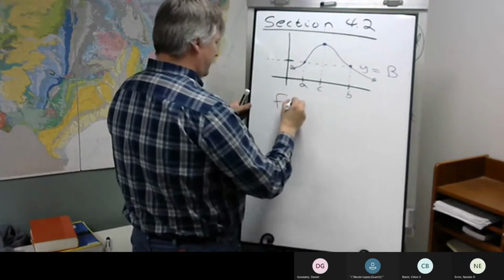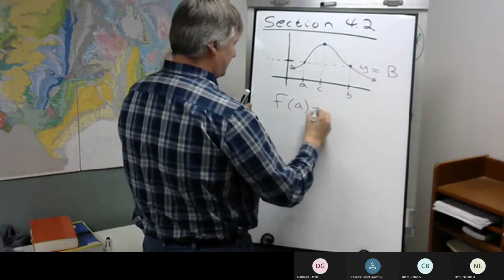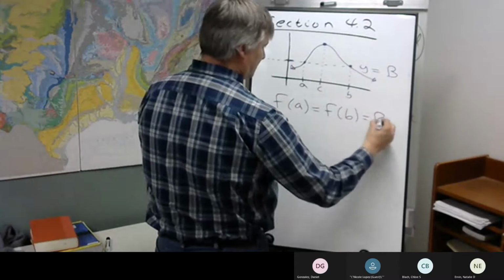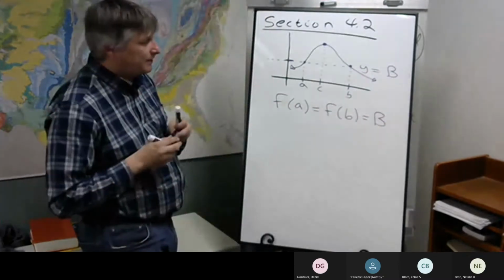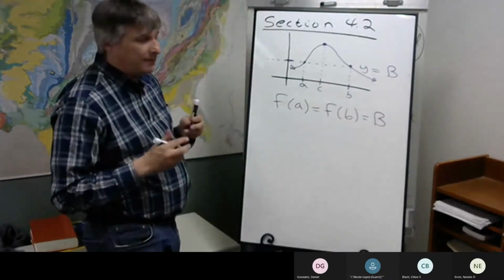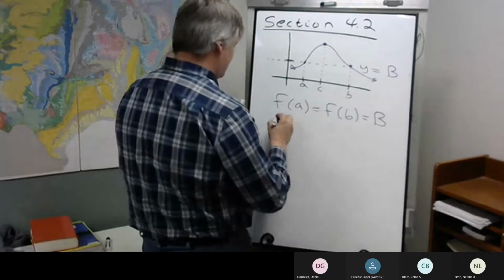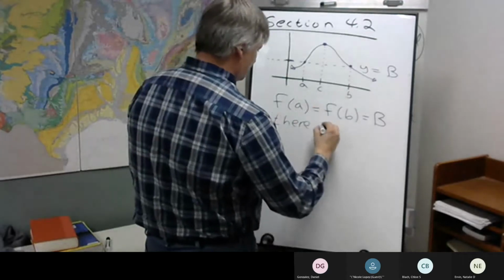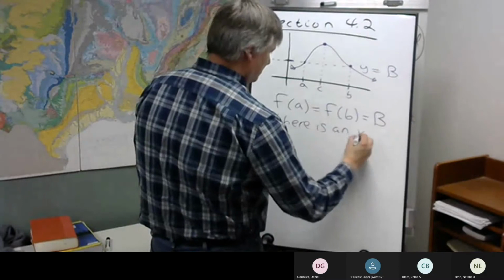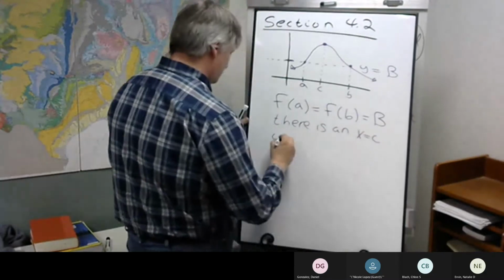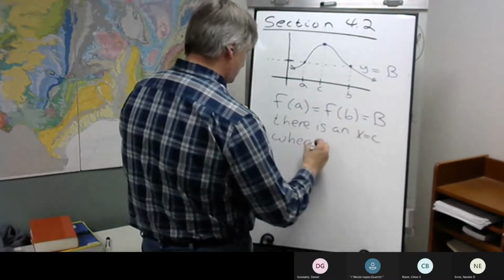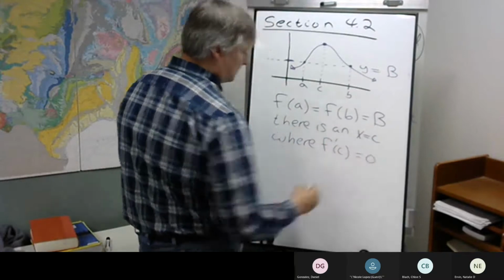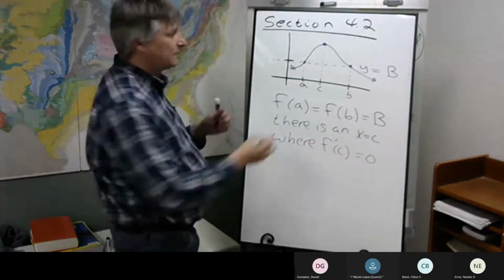So here we have f of a equals f of b, which is going to be this capital B. Then what this says is there's a c where f prime of c is 0.